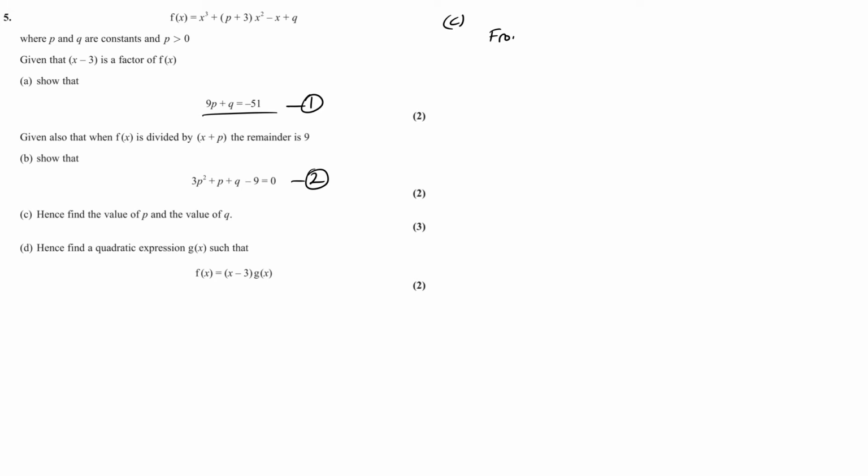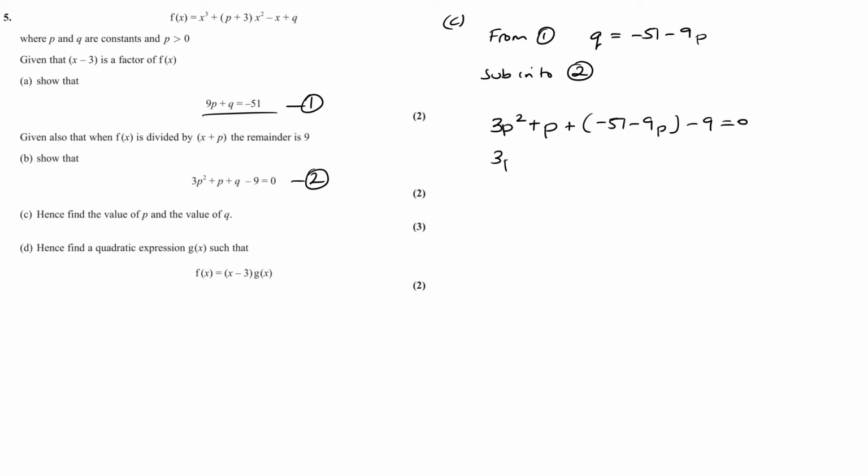So let's go from 1. I think it's easier to make it q equals. So q equals minus 51 minus 9p. And let's sub that into equation 2. So 3p squared plus p plus minus 51 minus 9p minus 9 equals 0.